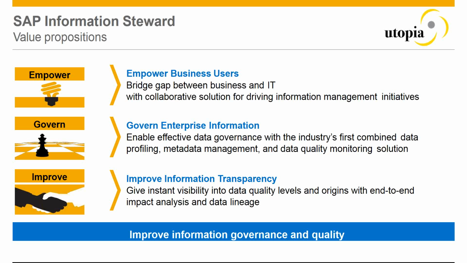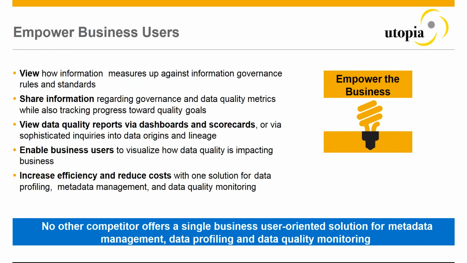And then improving information transparency is really one of the things that is a great outcome from the use of Information Steward. That's really to provide instant visibility to data quality levels and origins, and also impact analyses and data lineage, which is where we get to that component around justifying the numbers and being able to actually have confidence that the data that's being worked with, both in terms of a migration and in terms of analytics use cases, will actually end up being trusted data.